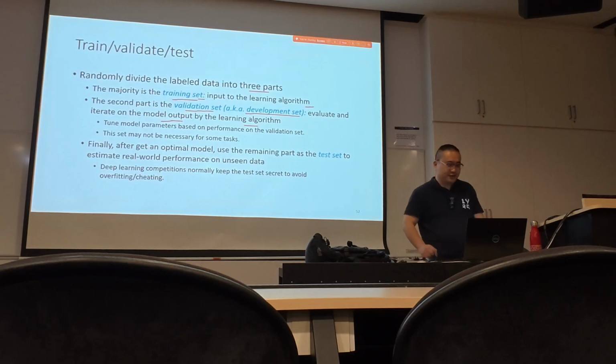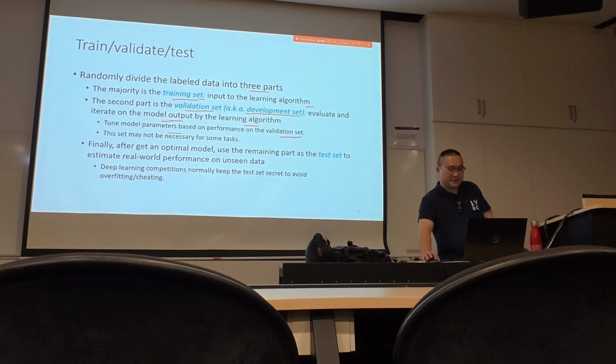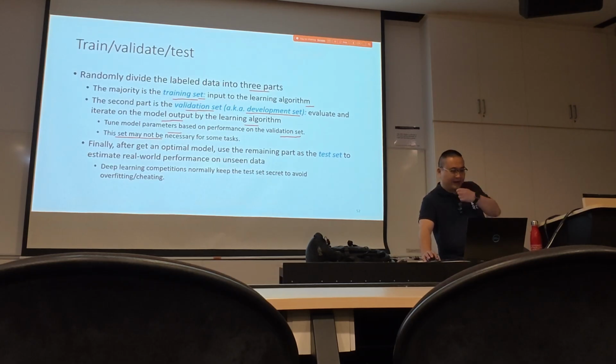For example, you can use the validation data sets to tune the parameters based on the performance on the validation data sets. However, nowadays, for some large data sets, it's not necessary to have the validation data sets. And after you have already trained the model, you keep the model fixed, and then you evaluate the model on the testing data sets to estimate the real performance of the model after deployment. The testing data set is never touched during training.